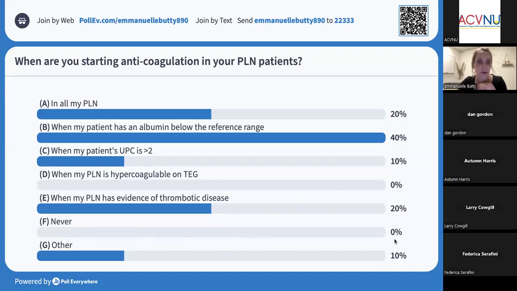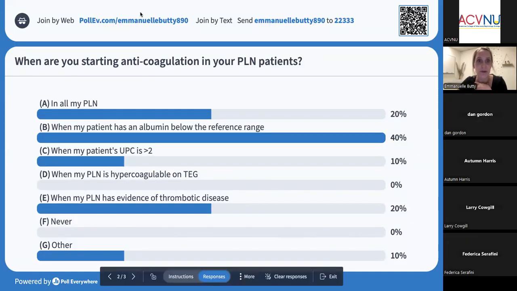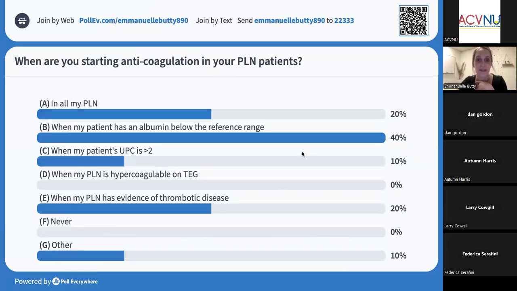A couple of people are only using it when the UPC is higher than a specific amount. And I don't know for whoever is using other, if we can add a comment in the chat. I wanted to add another option in case somebody had another way to decide when they are starting. So very interesting. Here, the majority are using it depending on the albumin level.